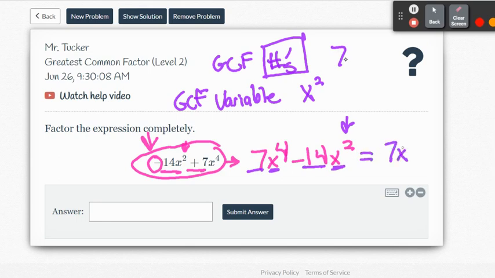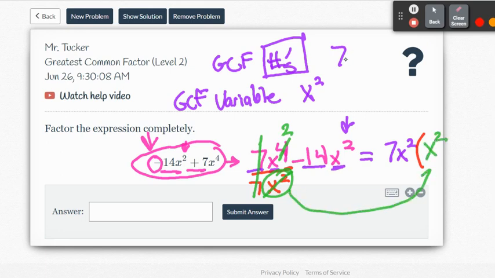So 7x squared, and then you need to divide by 7x squared, which is the process of factoring. 7x to the 4th divided by 7x squared should reduce the 7's to be positive 1, and then you take these two x's and subtract 2 from the exponent up above, so x squared is what's left in that parenthesis.